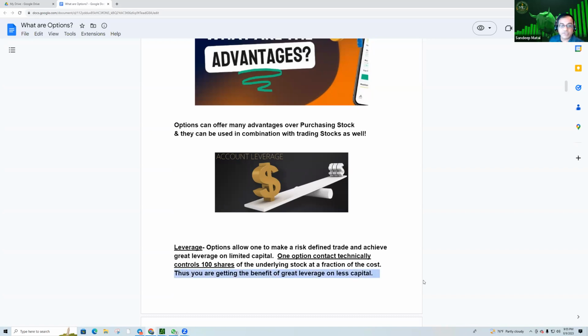Sometimes somebody will share, like Raj, let's say for $15 an option, and he'll sell it in a few minutes for $45. That's a 200% or 300% return right away. So they can multiply if you're right, and especially on the downside, they really are amazing. You're getting the benefit of great leverage on less capital. That's the beauty of it.